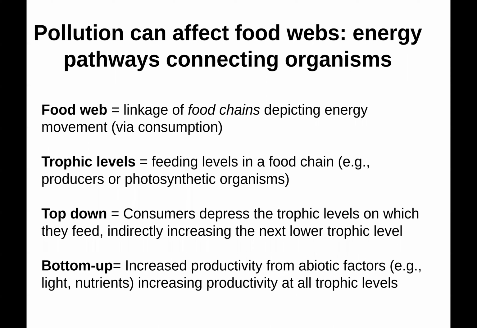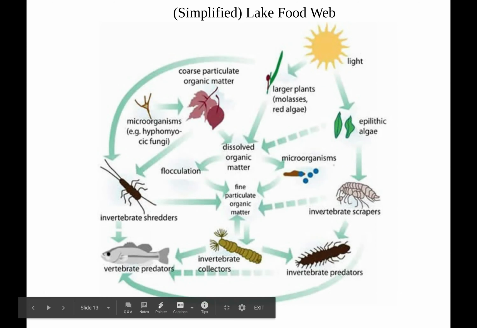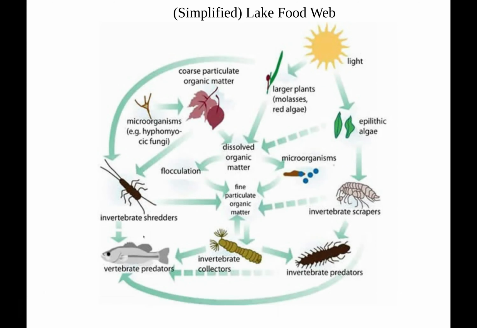And then we have also top-down and bottom-up food webs. We'll get into those two in a moment. But I just like to show you a simplified lake food web where it all starts with the primary producers. They take energy from the light, so plants and algae, as well as microorganisms, which aren't included in this, but they are. I'd be remiss if I didn't tell you they were. They take energy from the sun, and then they're consumed by something, which is then consumed by something bigger, which is consumed by something bigger.